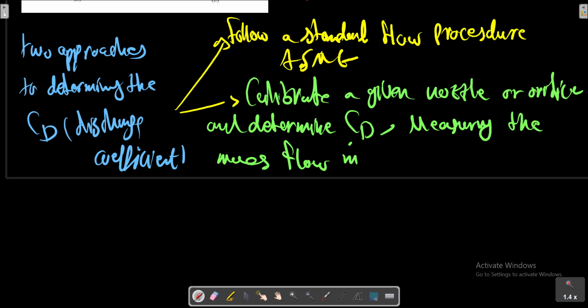The procedure to be followed will depend on the accuracy desired and other factors involved, such as time, expense, and availability of calibration facilities in a given situation.